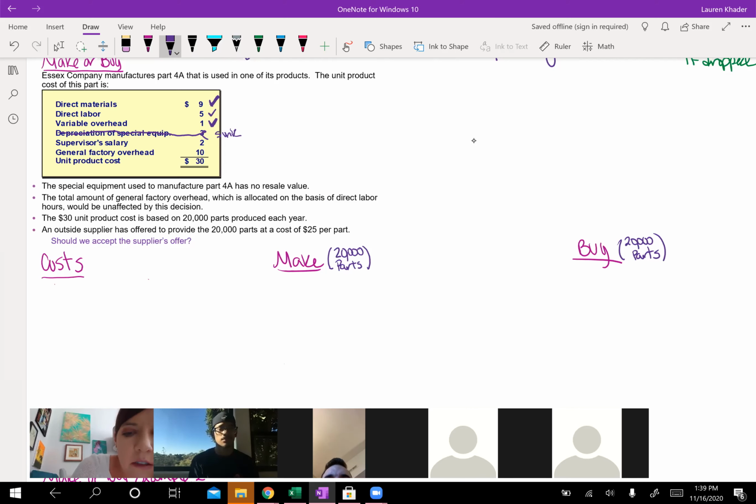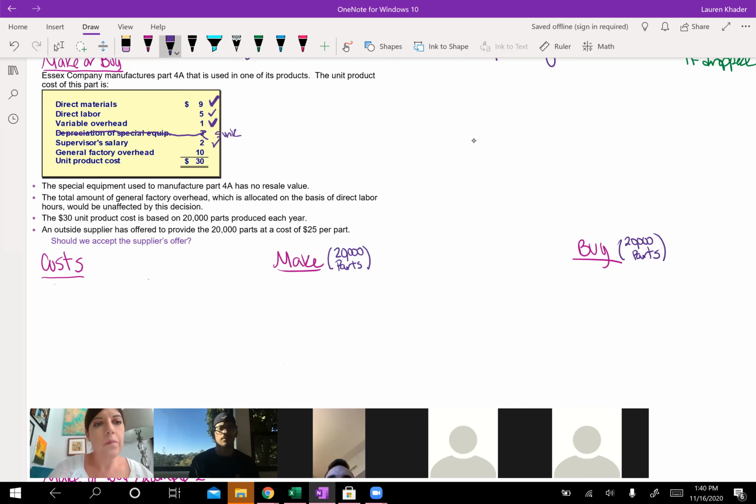Supervisor's salaries. You have to pay him if you make it, but will you pay him if you don't make the part in-house? No, so is it relevant? Yes. General factory overhead.